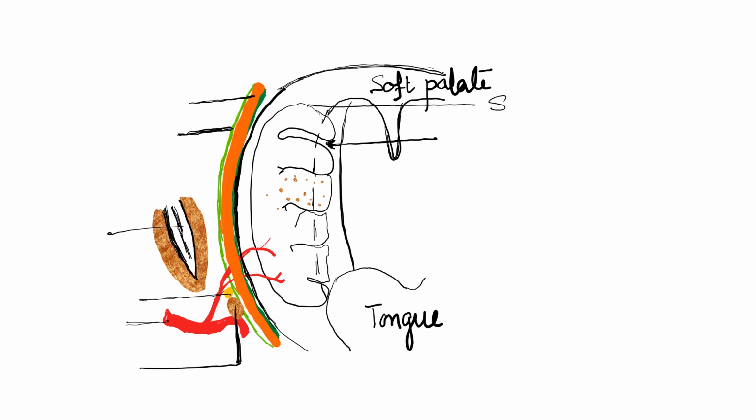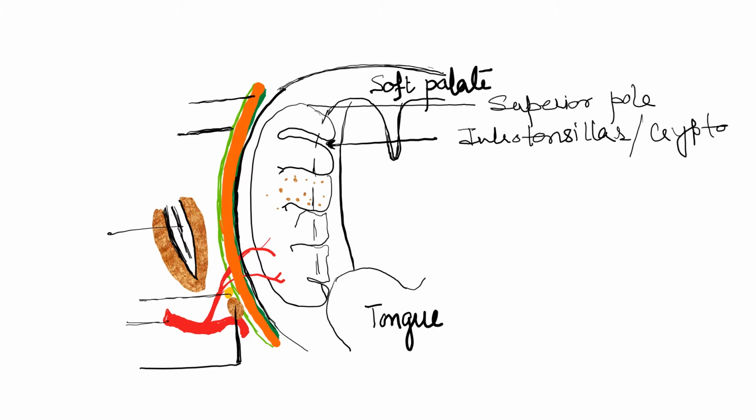So this is the superior pole of the tonsil, and the arrow mark is in the intratonsillar cleft, which is one of the deepest clefts, called the intratonsillar cleft or crypta magna, the biggest crypt.